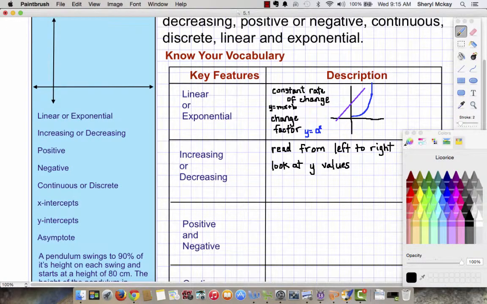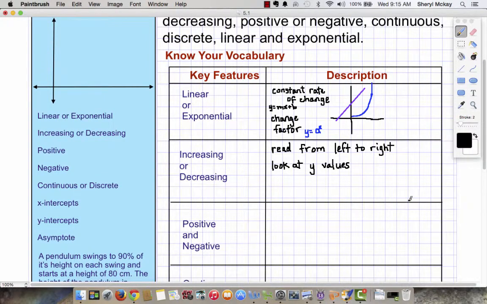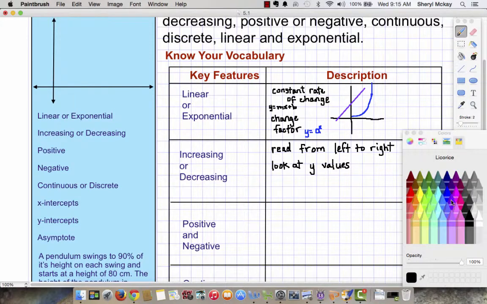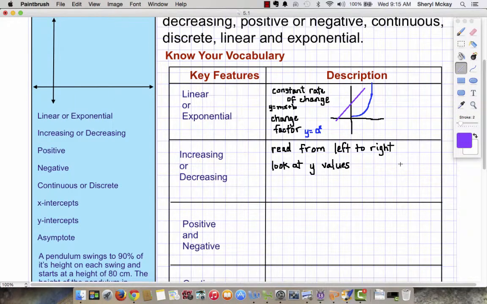An increasing graph will look something like this. From left to right, my line is getting bigger, or my y values are increasing.